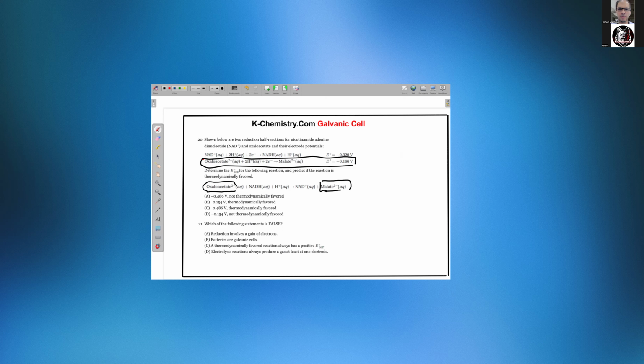The second equation, NAD plus has been moved here, so he has put the plus 0.320 and minus 0.166. So when we add these two together, what do we get?